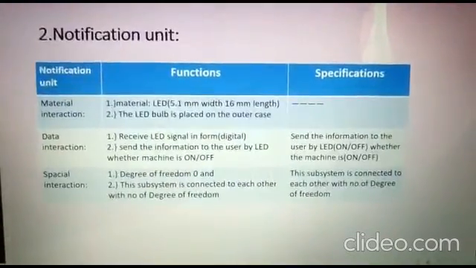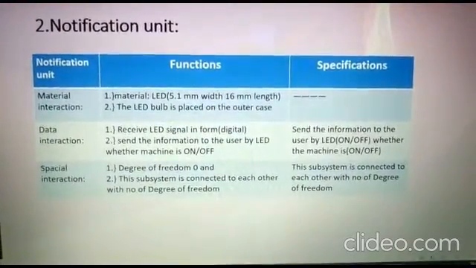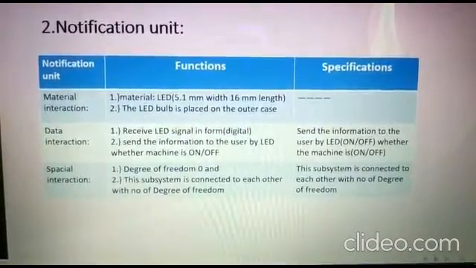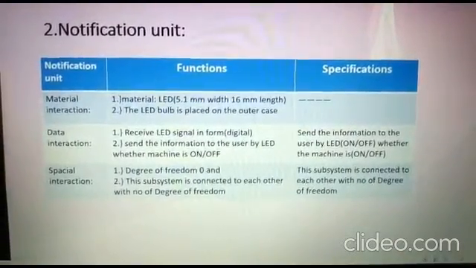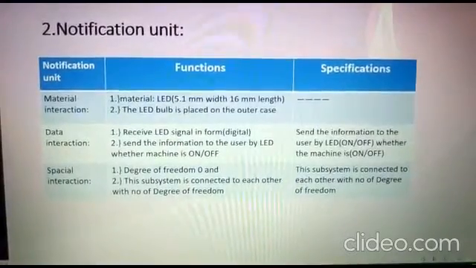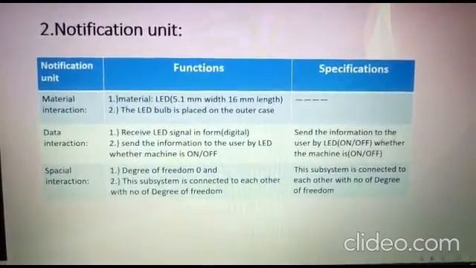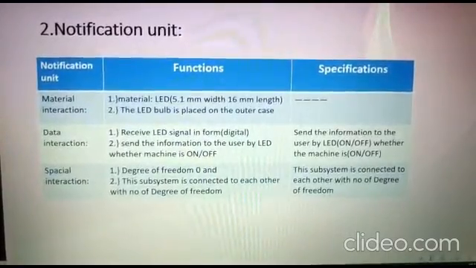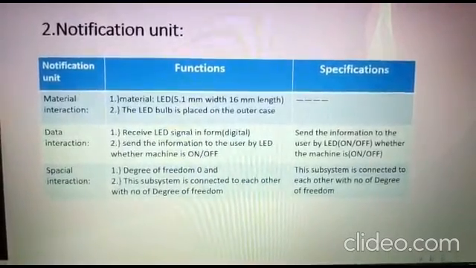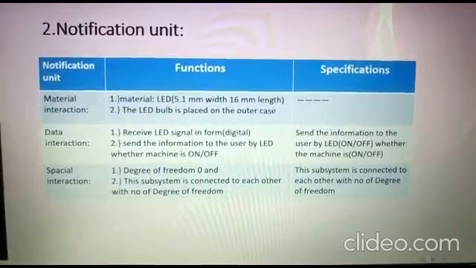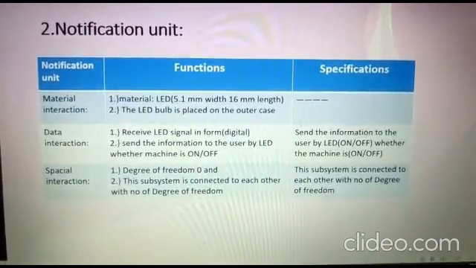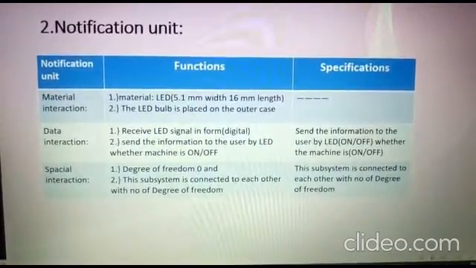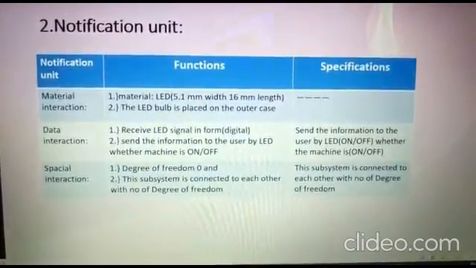Moving to the next slide, here is our notification unit, its function and specification. Material interaction. The material should be an LED, with 5.1 mm width and 16 mm length, and the second function is that the LED bulb is placed on the outer case. Data interaction. The first function is to receive the LED signal digitally, and the second function is to send information to the user by LED whether the machine is on or off.